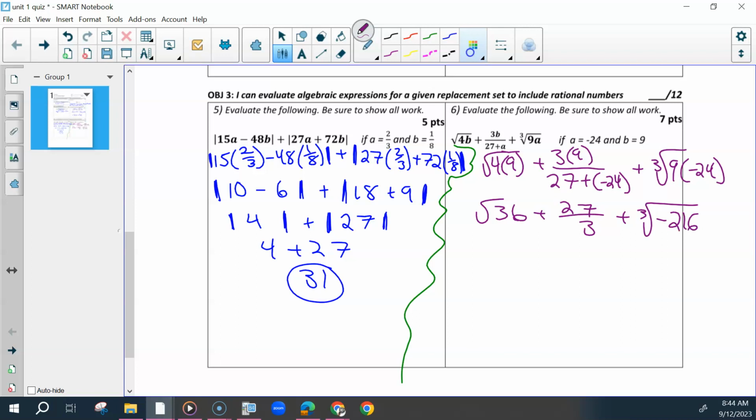And then keep simplifying. So answer should have been 9 points wise. 1 for putting everything in correctly. For simplifying this piece, this piece, this piece, and this piece. Simplifying all of these and then getting the correct answer was your 7 points. Do you have any questions on that one?